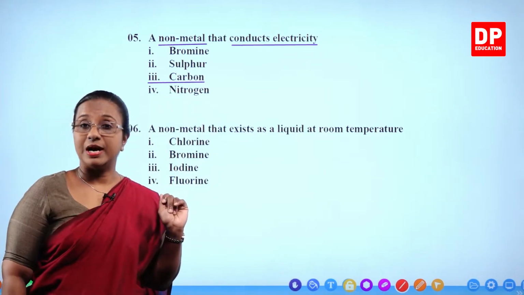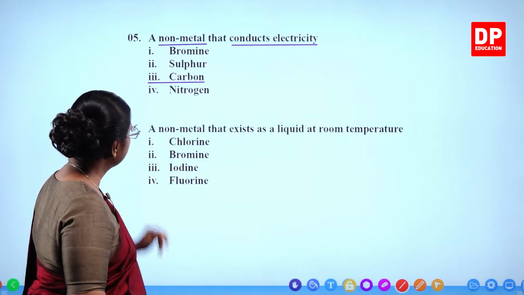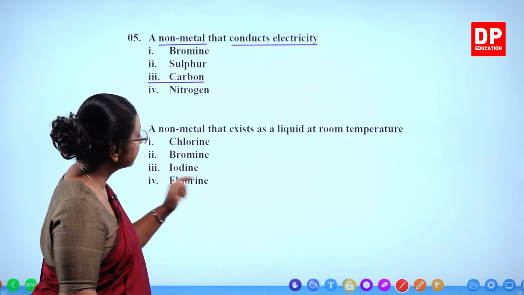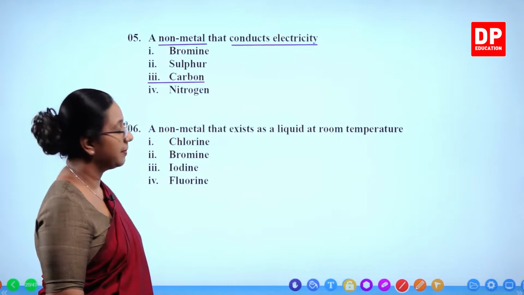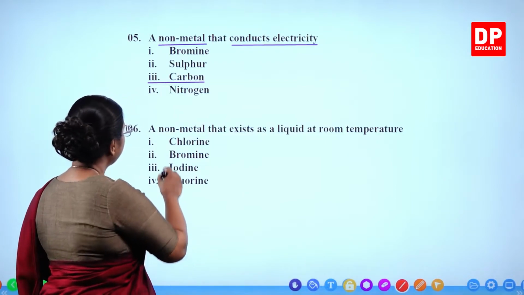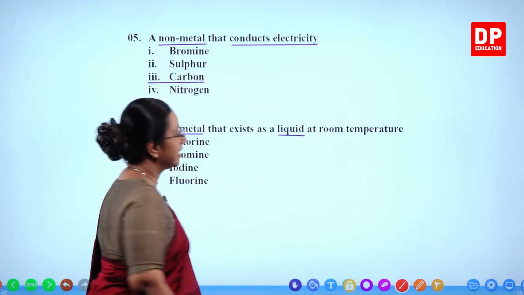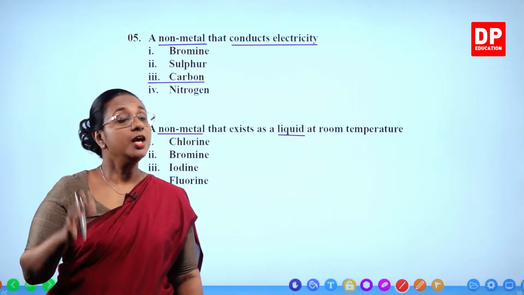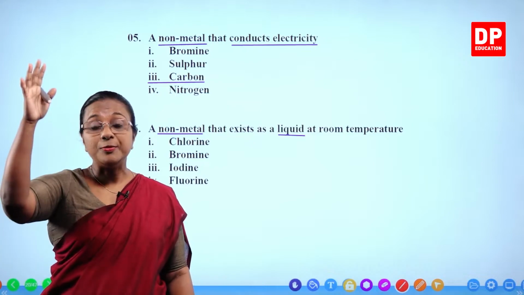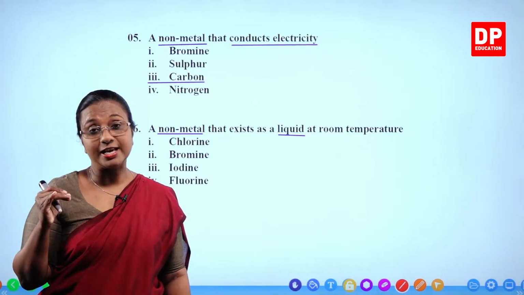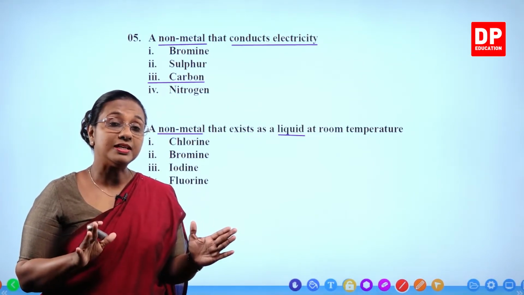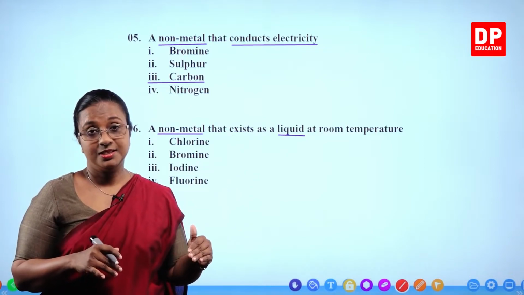Then the sixth one. A non-metal that exists as a liquid at room temperature. So here again you have to check whether it's a non-metal and whether it exists as a liquid at room temperature. You can remember, students, when we discussed that table in your textbook, most of the metals were solids.